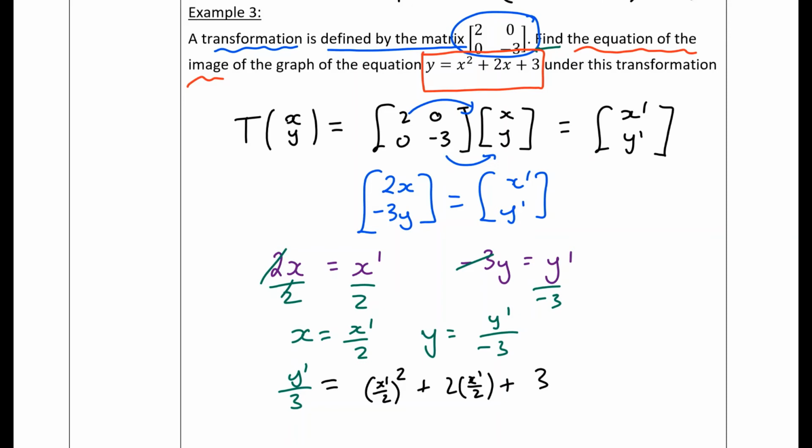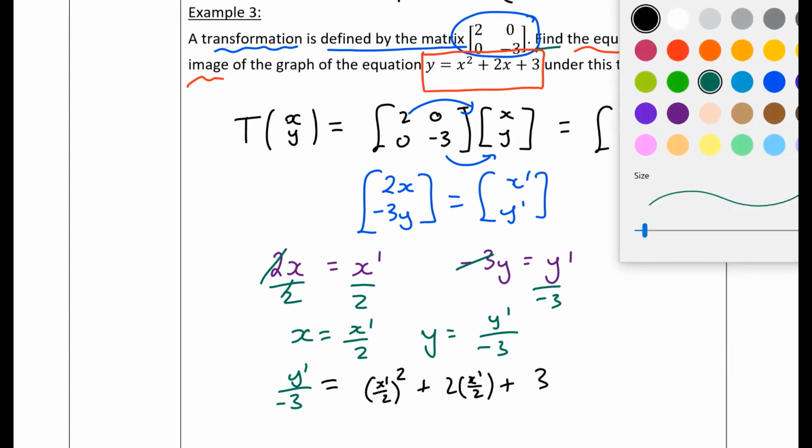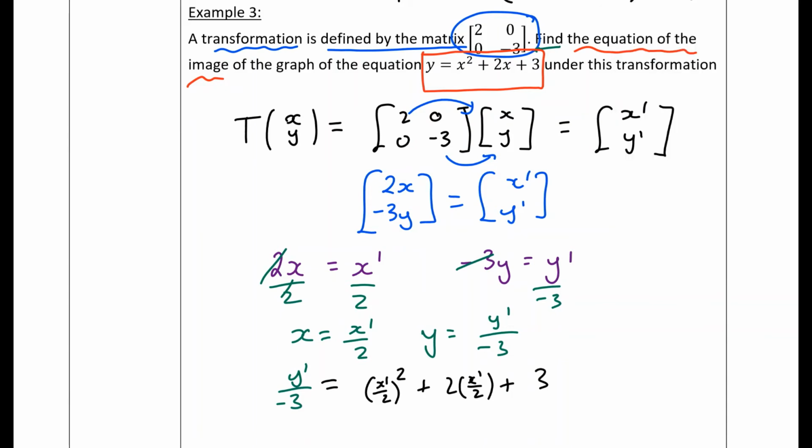Now, if I simplify this, and remembering that this is actually negative 3, I'll multiply everything by negative 3 to find that y dash is equal to negative 3 (x on 2) squared plus 2 (x on 2) plus 3.